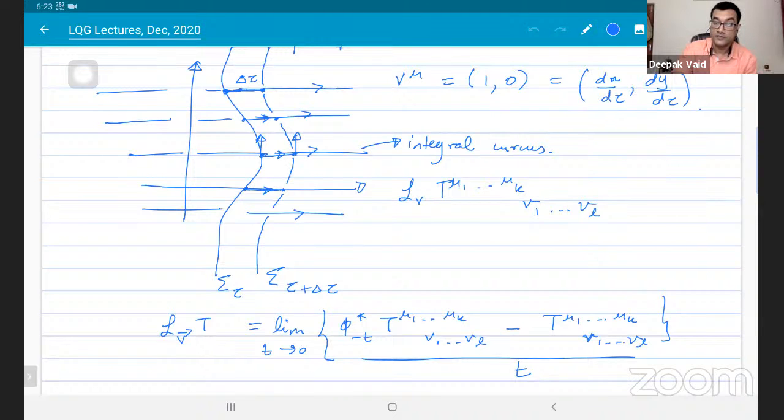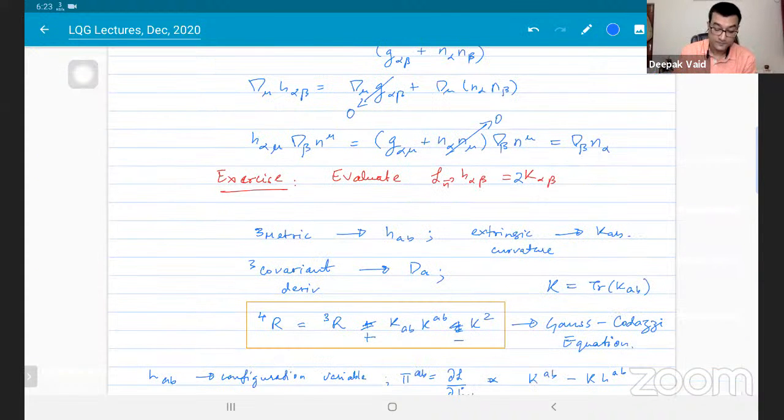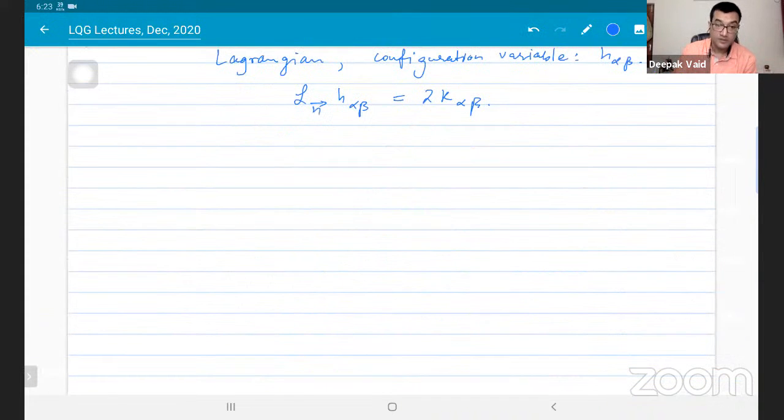Otherwise, I can go over the details. Is there anybody who would like me to do that? If you are interested in learning more about the Lie derivative and how it's different from an ordinary derivative, you can raise your hand.